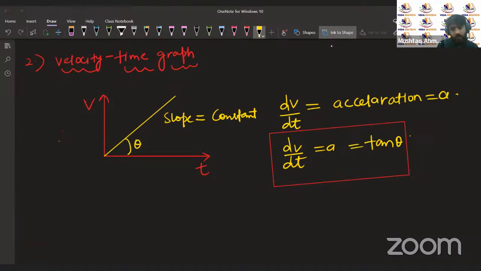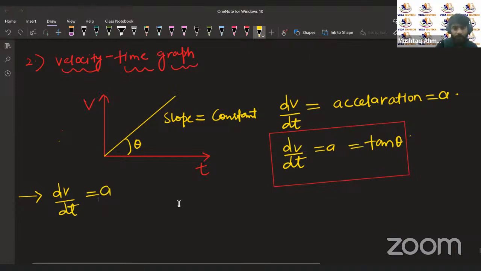We can also rewrite it as dv over dt equals a, that's acceleration.